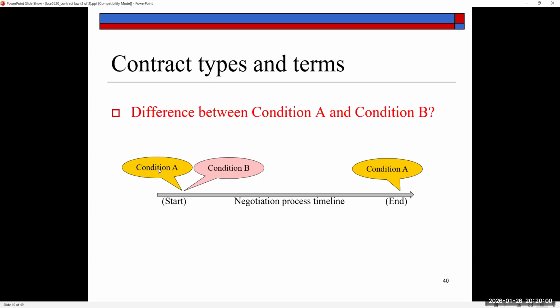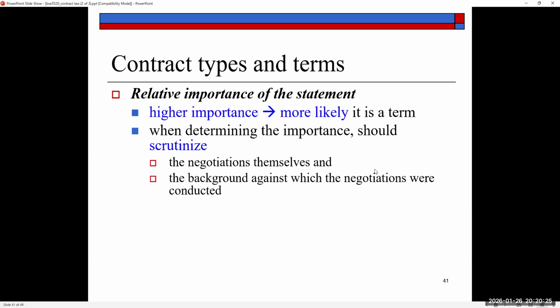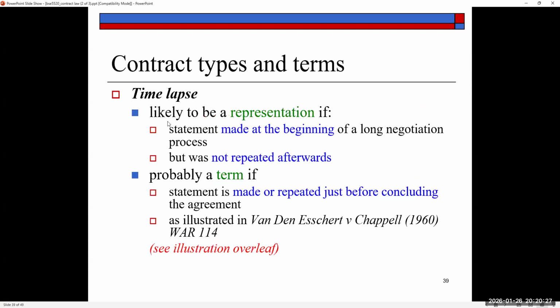There could be condition A mentioned by party A, but then in return, condition B may be proposed by party B. And throughout this long negotiation process, eventually, maybe only condition A is mentioned again. Condition B is no longer mentioned at the end of the negotiation process. So the time matters.